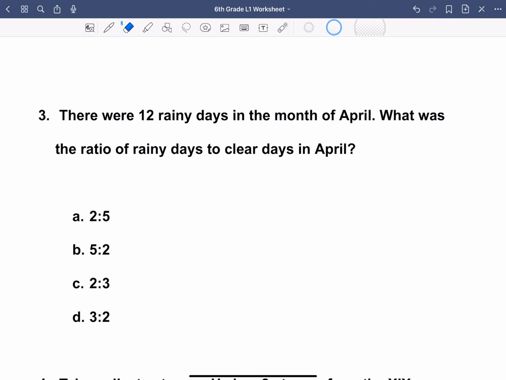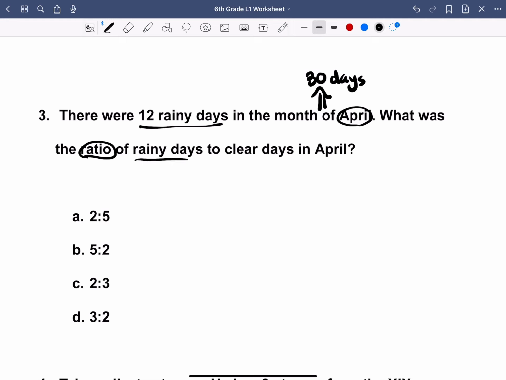But after I took a look at the calendar, I found that it was 30 days. And the question says that there were 12 rainy days in the month of April, and it wants the ratio of rainy days to clear days in April.